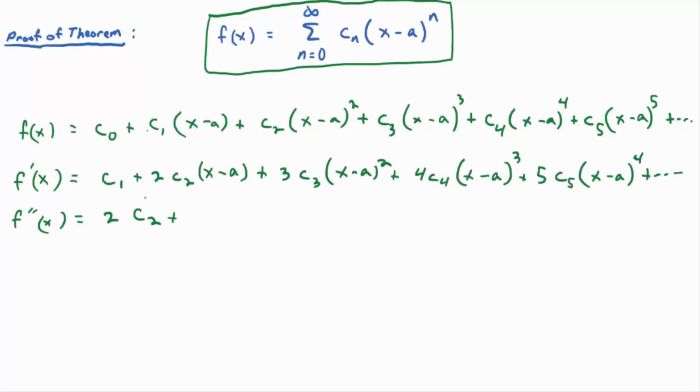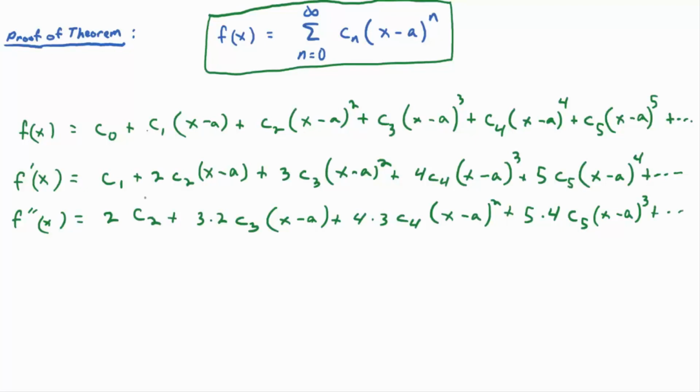Right, but if we want to see a pattern, let's write it as 2 times 3 out in front, or 3 times 2, I guess, c3 (x minus a) to the 1 power plus what? 4 times 3, c4 (x minus a) squared plus 5 times 4, c5 (x minus a) cubed plus dot, dot, dot. I know, very exciting. We'll just do only 3 more.